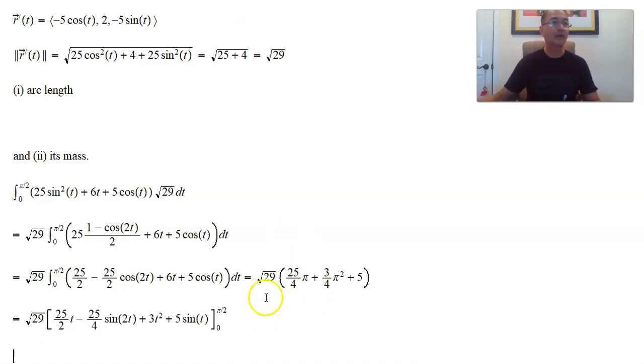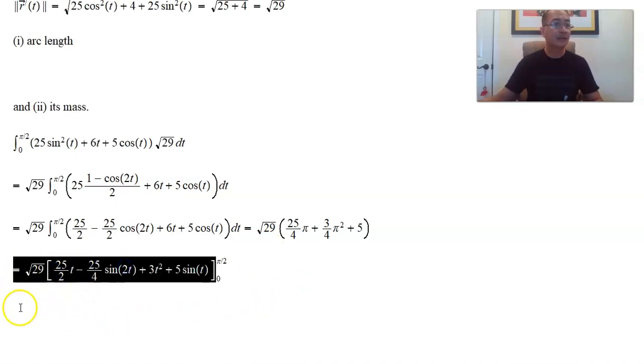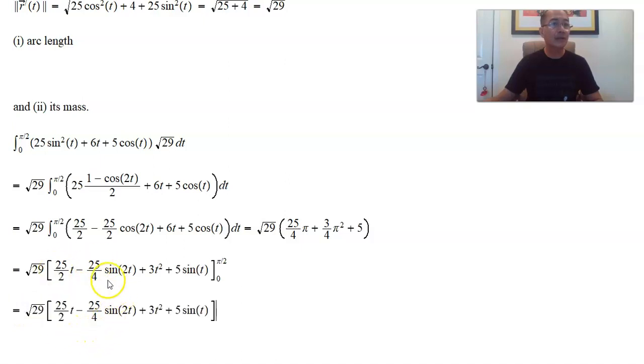Okay, so what have we got here? At 0, does everything go away? Yep, it's the cosine that trips you up. Cosine of 0 is not 0, it's 1. Isn't that annoying? So we have 25 over 2 times pi over 2, that's 25 pi over 4. And then sine of pi is 0, sine of 0 is 0, so that entire term goes away.